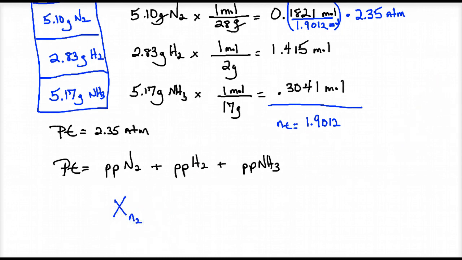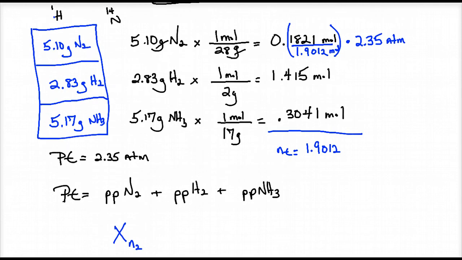And I can actually find this number. For instance, you would say 0.1821 divided by 1.9012. And when I divide by this number, the mole fraction chi of N2 is 0.0957. It doesn't have any units because the moles cancel.